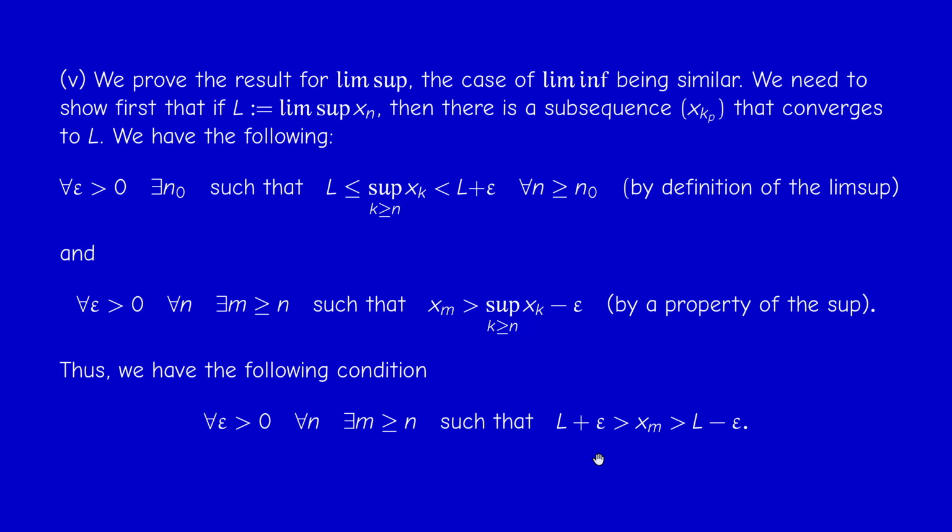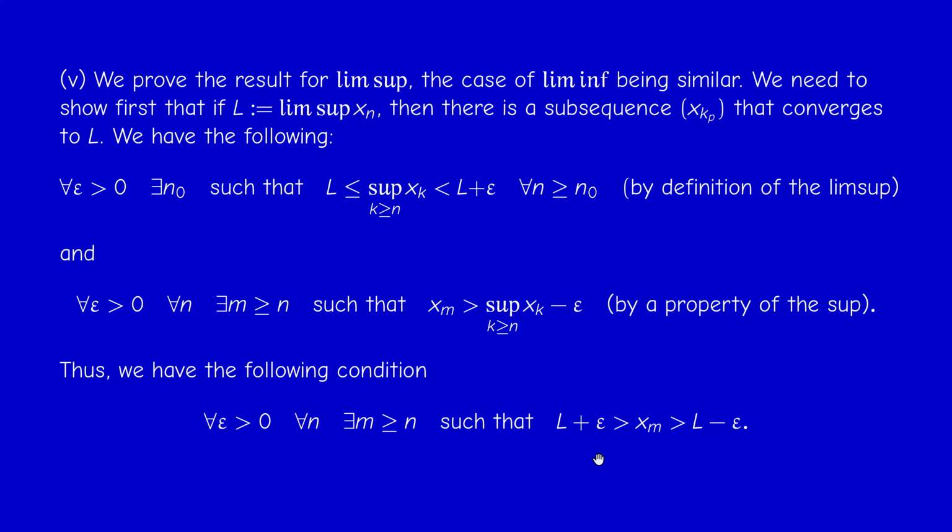And so what this means is that every neighborhood of L meets the range of the sequence. So if you like, L is an adherent point to A, to the range, right?